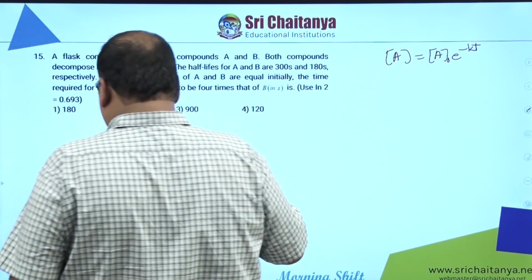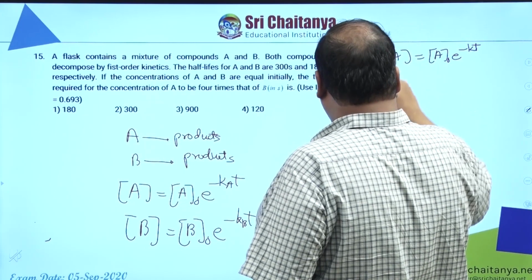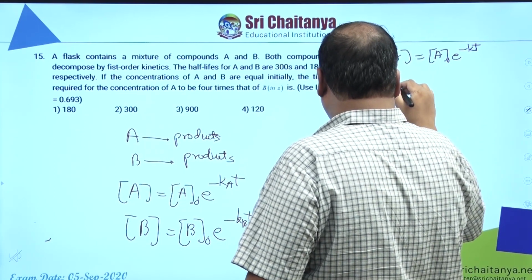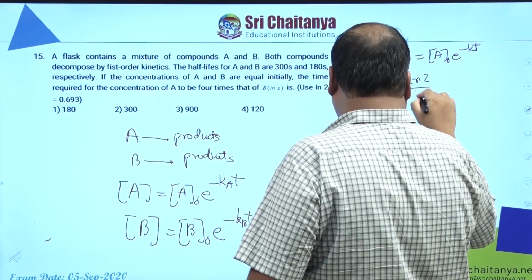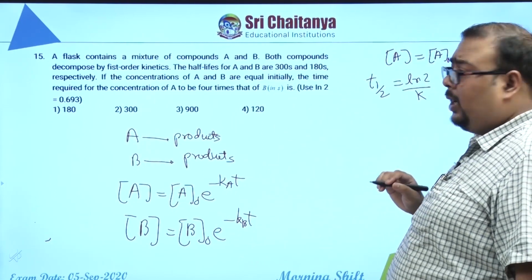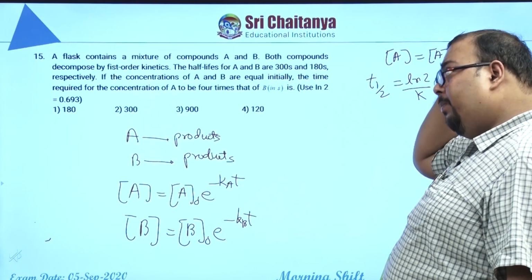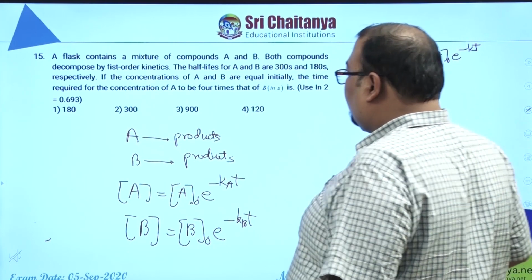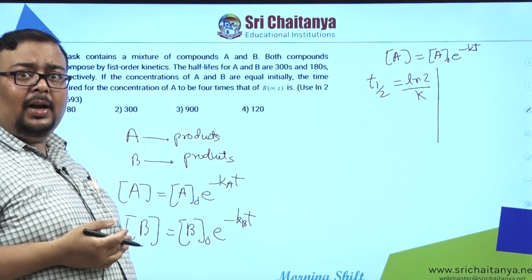Okay, so when I am talking about half-lives, I can write that T half is equal to ln2 by K. T half is inversely proportional to K. And the second thing which is very important is that it is given that initially the concentrations of A and B are the same.